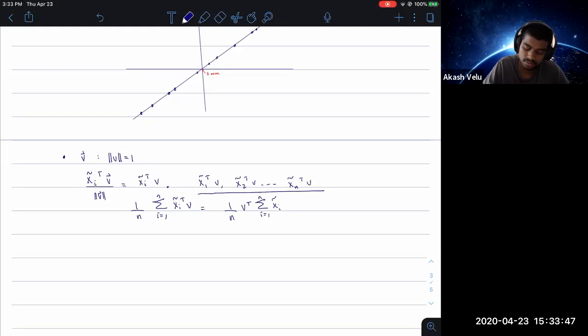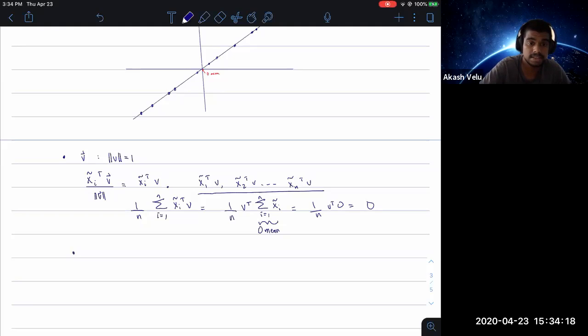Remember that these are the demeaned points, so these have 0 mean. That means that if you add them up, that vector is going to be 0. So this is going to be 1 over n, v transpose 0. And if you take the dot product with the 0 vector, you're going to get 0. So we just showed the mean of these scalar numbers is 0.